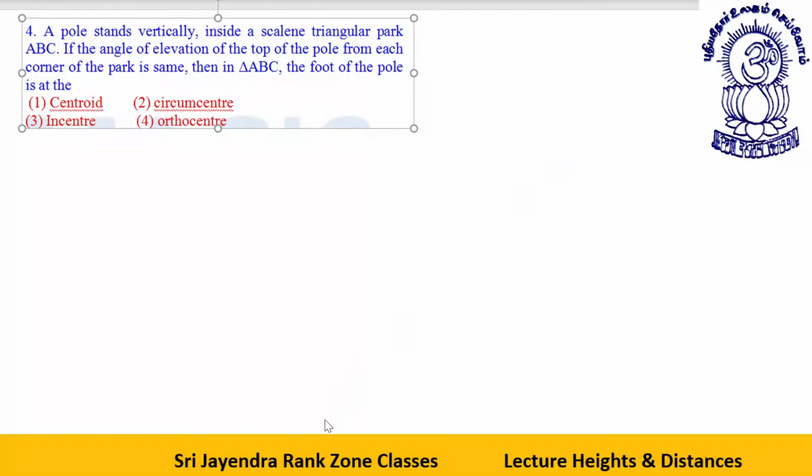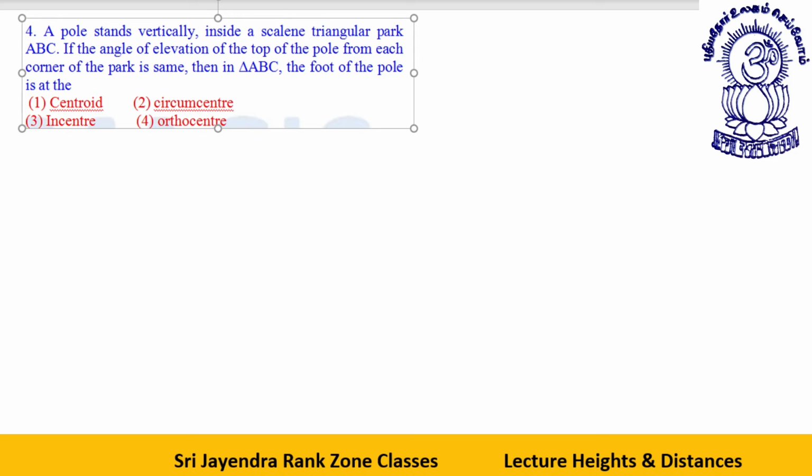This is a good question, with a little bit tricky figure. See, my dear students, a pole stands vertically inside a scalene triangular park ABC. If the angle of elevation of the top of the pole from each corner of the park is same, then in triangle ABC the foot of the pole is at... My only concern is how will I show you a diagram for this.